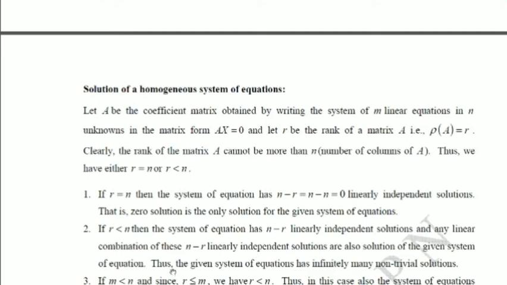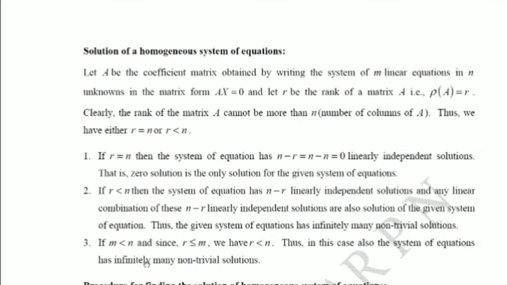So you should note, if you want to find the solution of a homogeneous system of equations, you have to find the rank of the matrix. Based on the rank of the matrix and the number of unknowns, you'll get either the zero solution or a non-trivial solution, depending on R equal to n or R less than n.